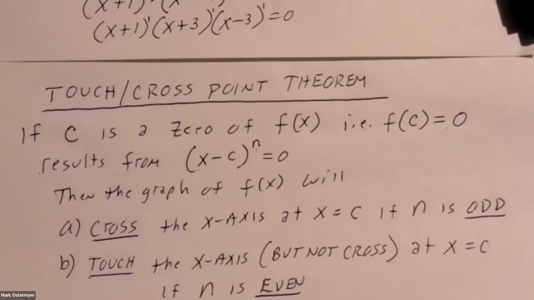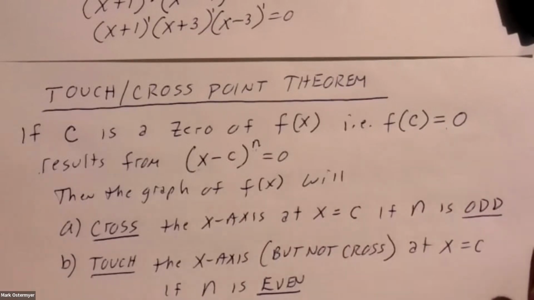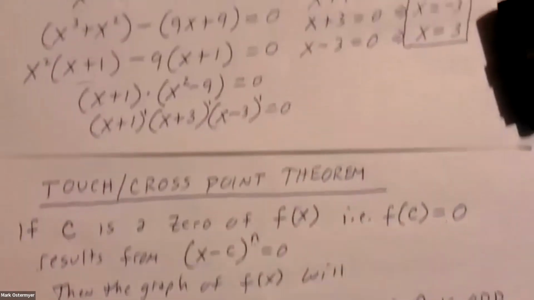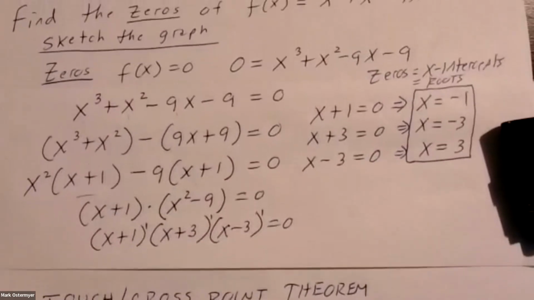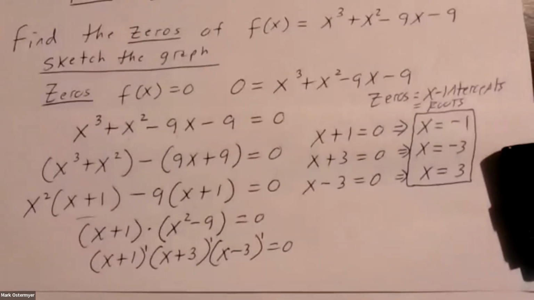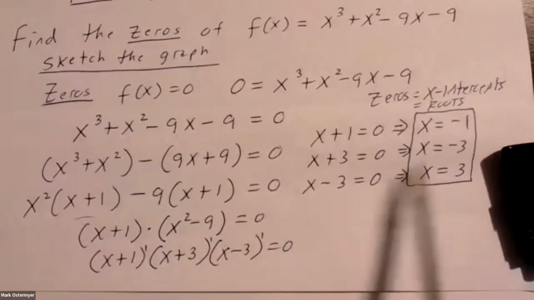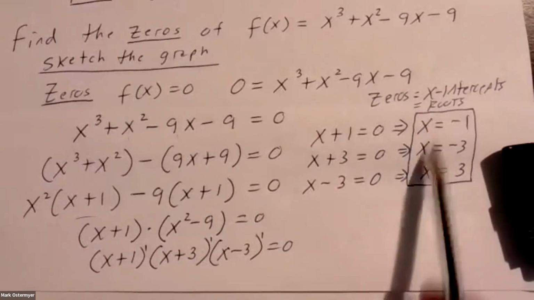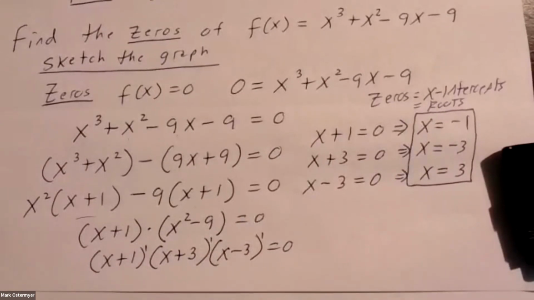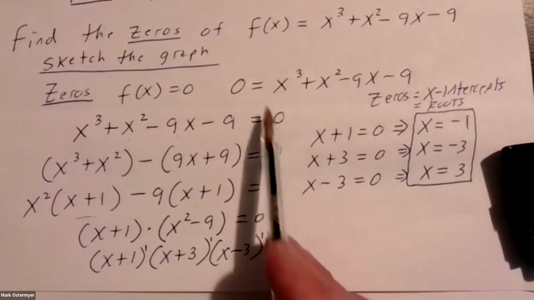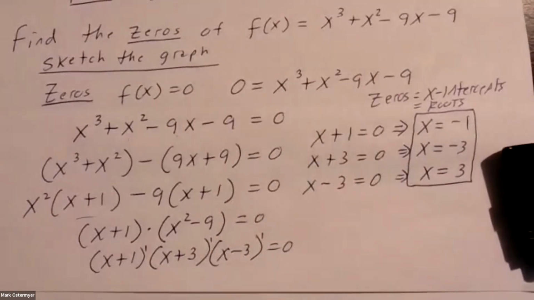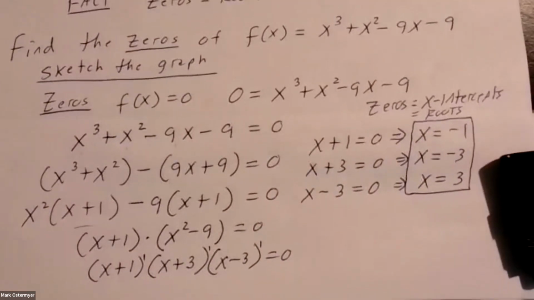So let's go back and see if we can apply this touch cross point theorem coupled with the leading term test theorem to accurately sketch the graph of this third degree polynomial function that I worked so feverishly in identifying the x-intercepts or the zeros for. I think we have more than enough information to accurately sketch the graph of this third degree polynomial function. It will be a sketch though, keep in mind. It's not going to be 100% precise.